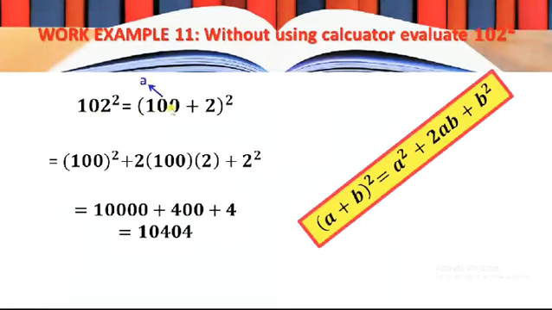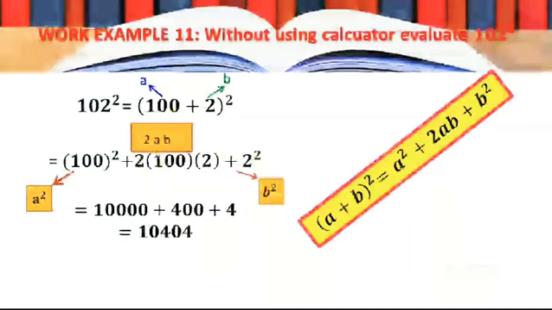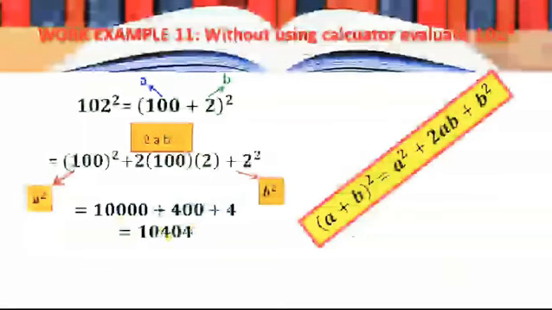So now 100 is a, 2 is b, so a square, b square, and this is 2ab. Then taking the squares and simplifying we get the last answer. This is a plus b whole square, so we have to use the first identity.